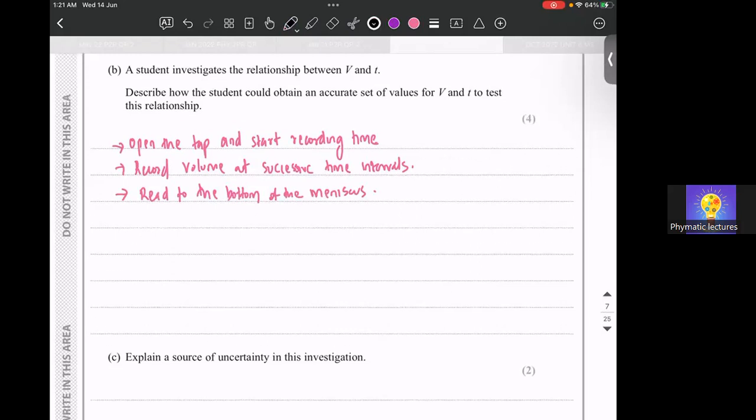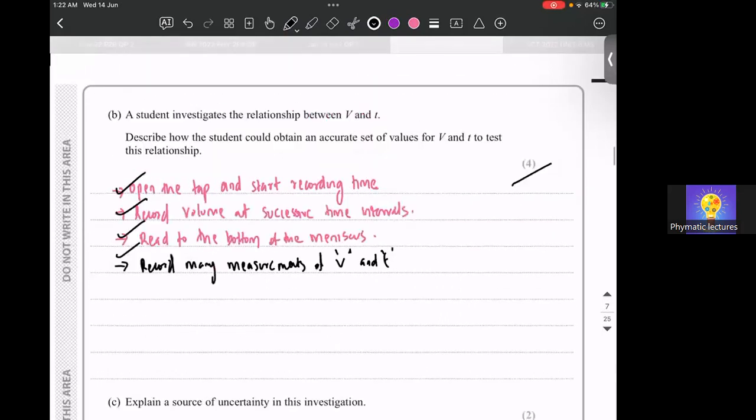And now, one more thing we should be very careful about: record many measurements of V and t. So valid points carry 4 marks. Clear?